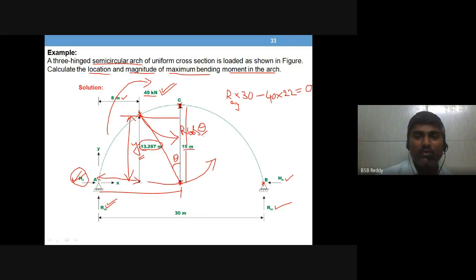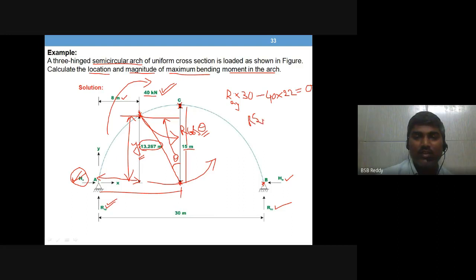Then how to know this theta value? Let us see. What about this projection? Opposite to theta, the projection is R sin theta.